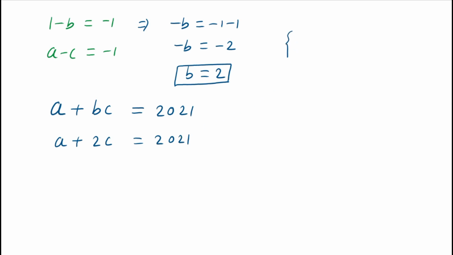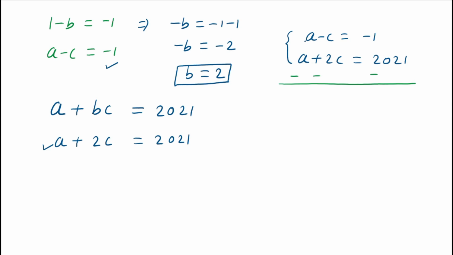Now solve this equation and this equation. We have a minus c equals minus 1, and another equation is a plus 2c equals 2021. Now if we subtract this equation from this, then plus a and minus a cancel out, and minus c minus 2c is minus 3c, and this equals minus 1 minus 2021, which is minus 2022.